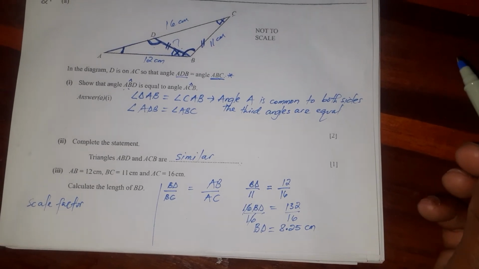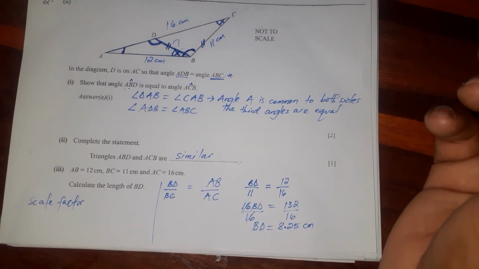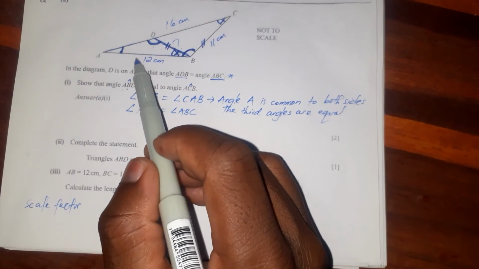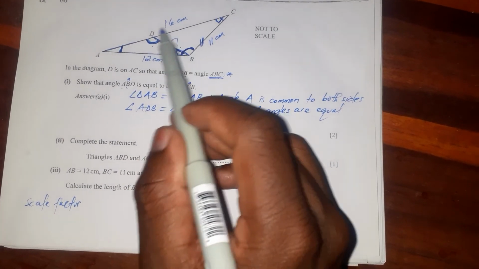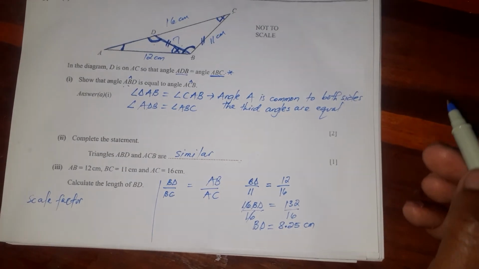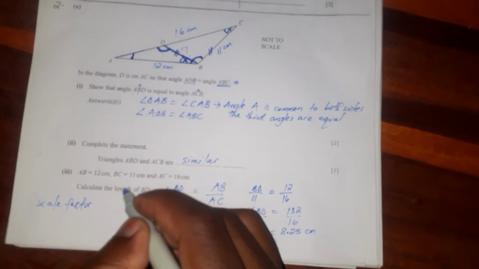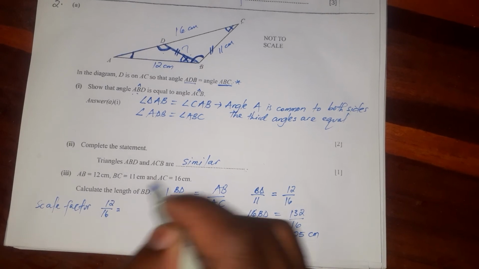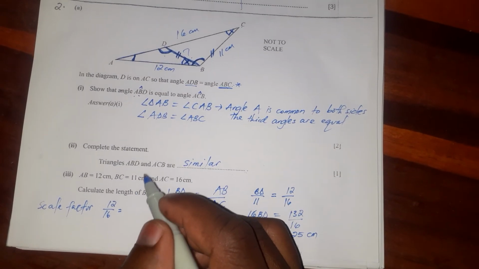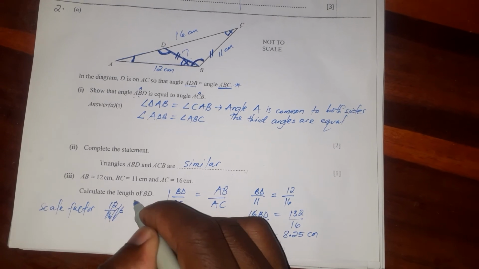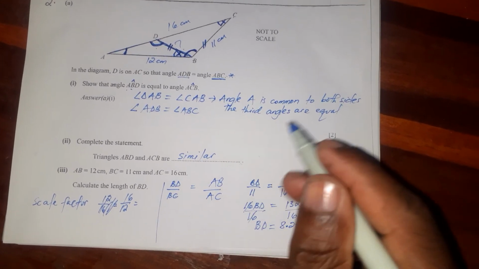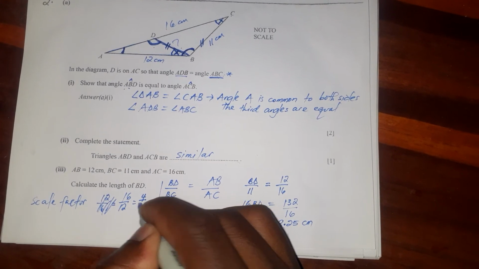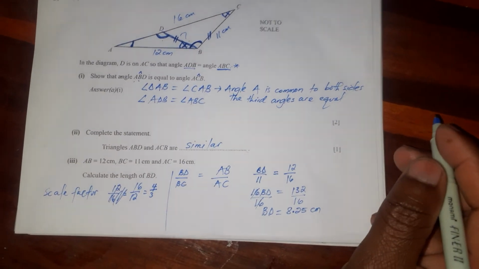In our case, since we said this is corresponding with that, and this length is corresponding with the longest side on the bigger triangle, therefore we can write 12 over 16. Okay, let me use 16 over 12. Then we can simplify by dividing both top and bottom by 4 so that we can get 4 over 3. Therefore, our scale factor is 4 over 3.